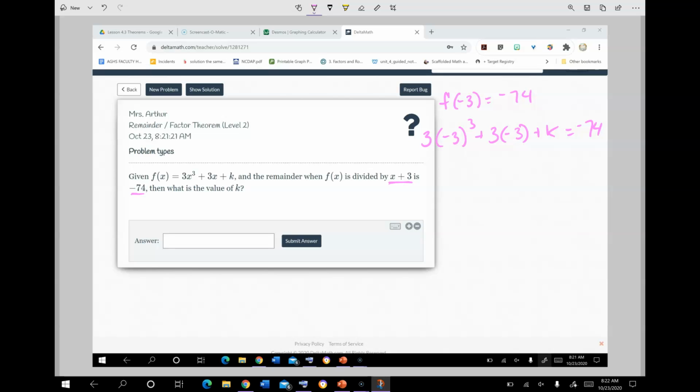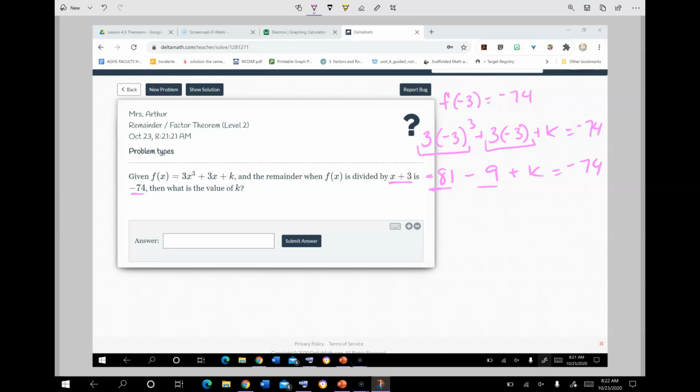I'm going to say 3 times negative 3 cubed, and I get negative 81. All I did was type that into Desmos, okay? Then I'm going to type this into Desmos. 3 times negative 3. That gives me negative 9. And then plus k equals negative 74. I can combine negative 81 and negative 9.